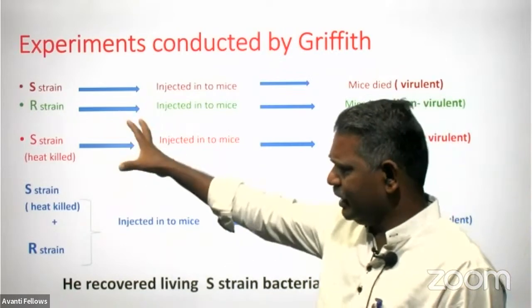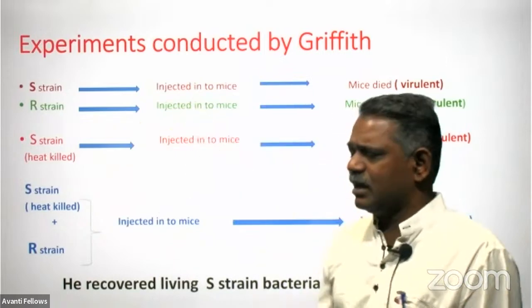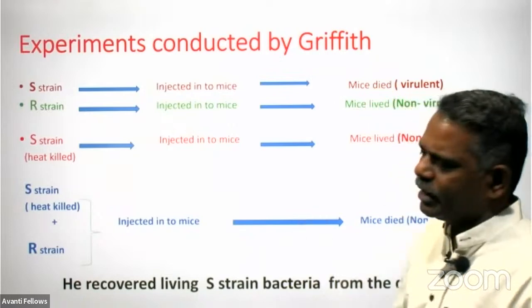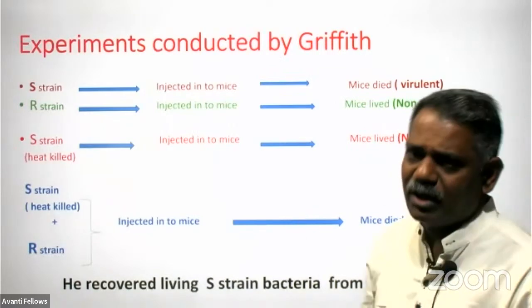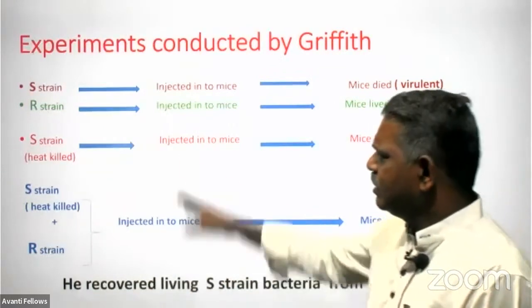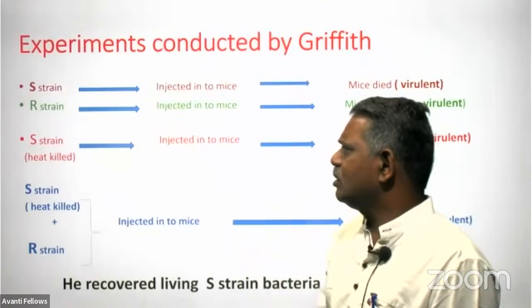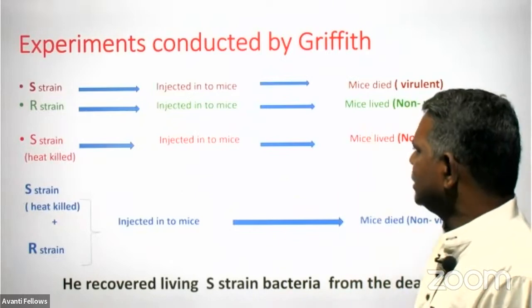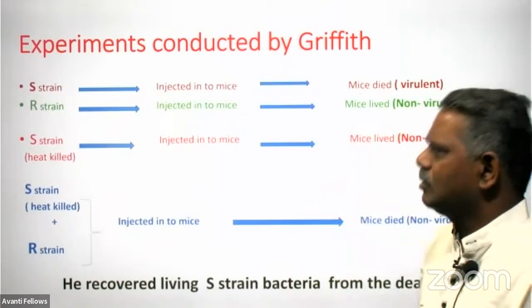So he collected the strain and injected it directly into the body of mice. Naturally, that mice died due to pneumonia. Then he injected the R strain into the body of another mice. That mice lived because it is non-virulent.